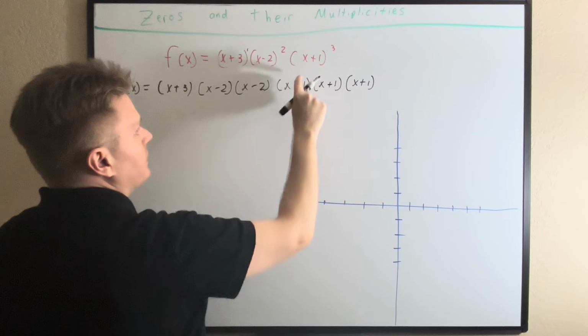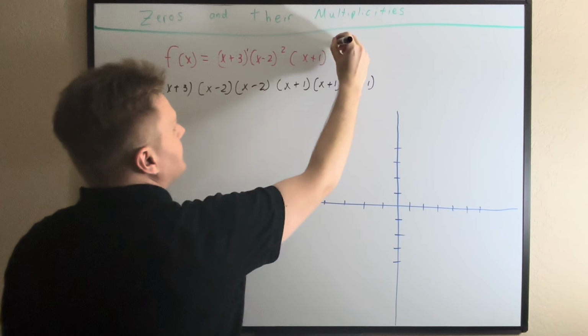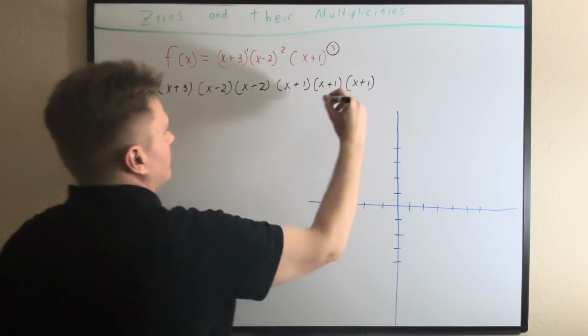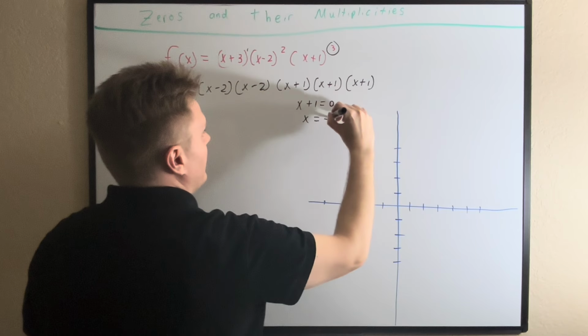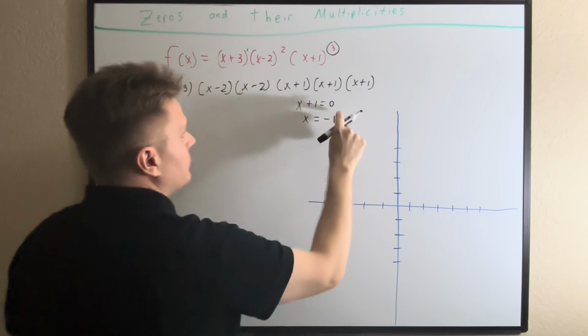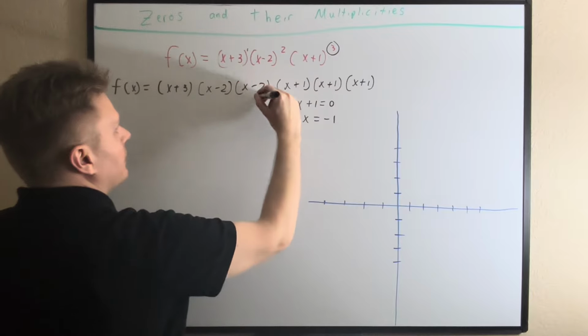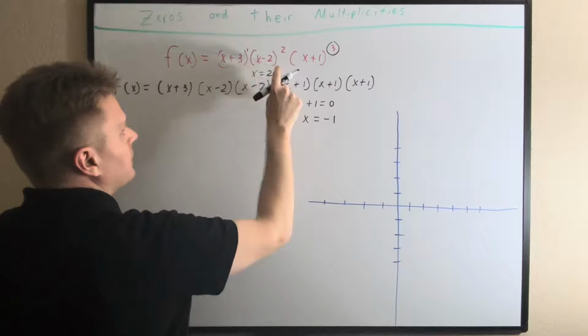So this one appears 3 times because it's being cubed. So the multiplicity of -1 is 3. And the multiplicity of 2 is 2.